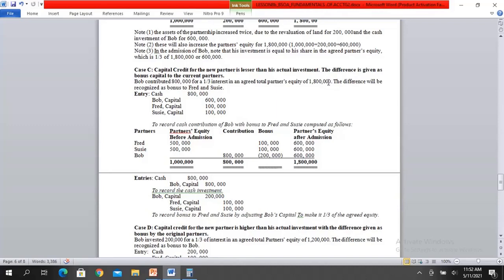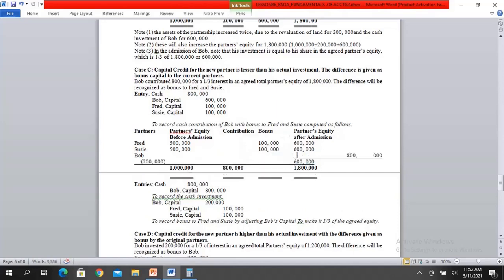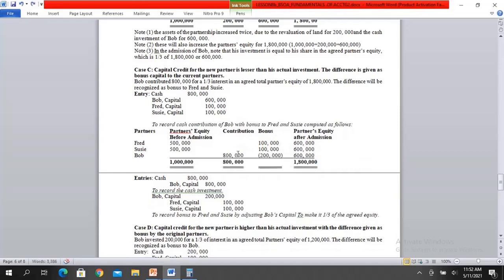Diba? 600,000 lang dapat. Pero ang kinontribute or ang ininvest ni Bob is 800,000. So, 800,000 less 600,000 na dapat, di ba? Pero ang kinontribute niya is 800,000. So, may difference na 200,000. Mas mataas yung binigay niyang cash kaysa dun sa interest na transfer sa kanya. So, etong 200,000, paghahatian ni Fred at Susie as a bonus. Pupunta kay Fred yung 100,000, kay Susie yung 100,000.